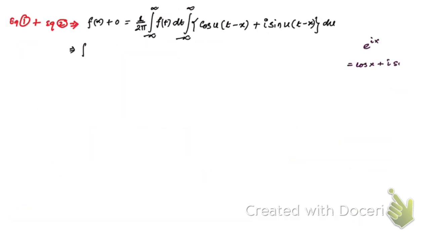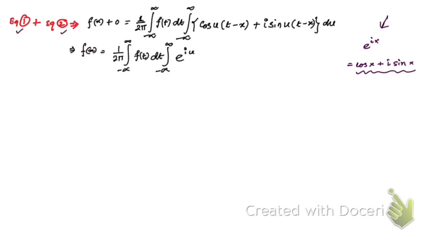As we know this result, if we apply this identity here, then we can write this one in this way. We get this result, right? So hope you have understood this.